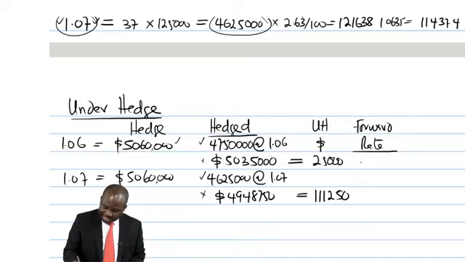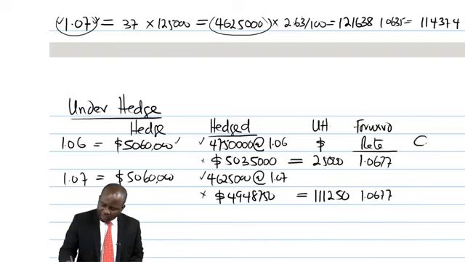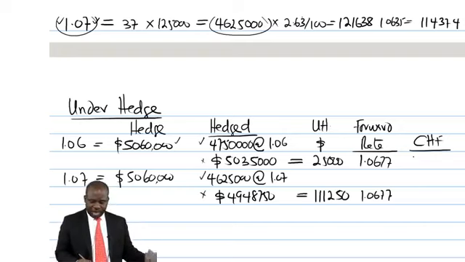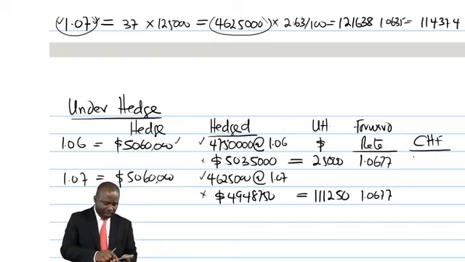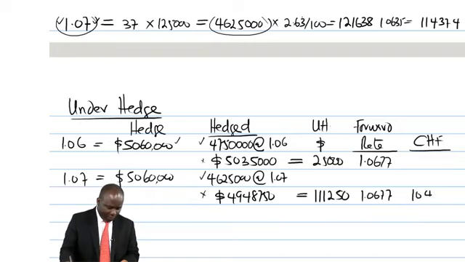I'll go and make the adjustment with 1.0677. I'm converting it into CHF. Therefore, I would have to divide. So I will divide that by 1.0677, and that will give me 104,196. Then 25,000 divided by 1.0677, and that is 23,415.